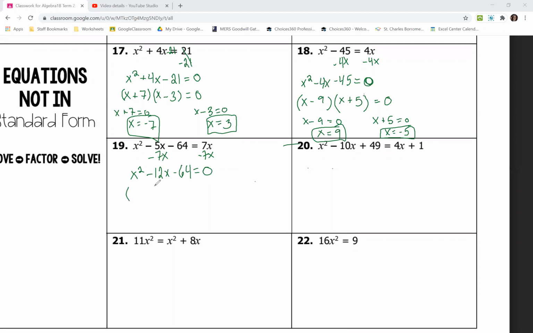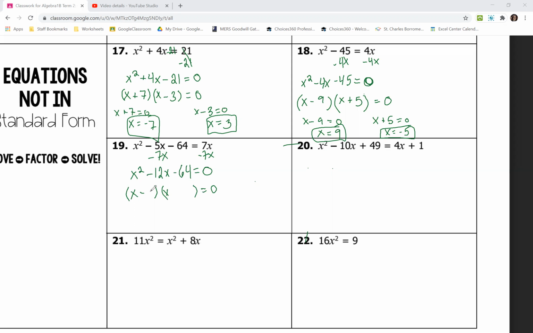Now, whenever you factor, I've got an x on both sides to start off my factoring. And then I need two numbers that multiply together to give me negative 64, add together to give me negative 12. I know that 8 times 8 is 64, but that wouldn't give that to me.